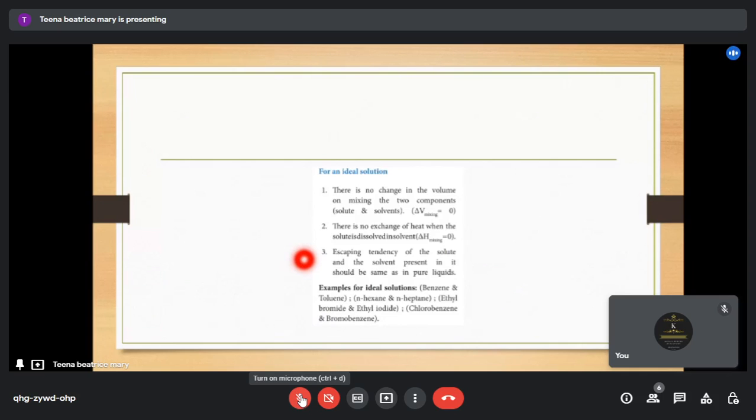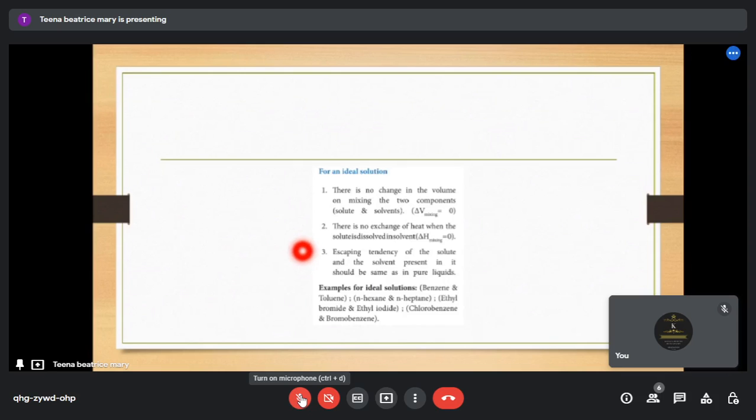There should be no sudden escaping, like what we saw in the previous class with carbonated drinks, where there is a sudden escaping of carbon dioxide gas due to vapor pressure.